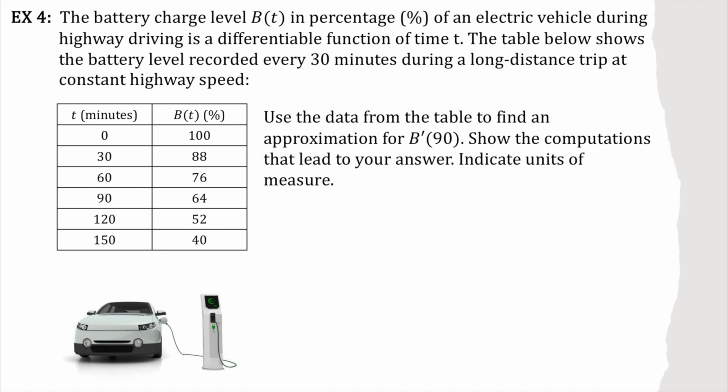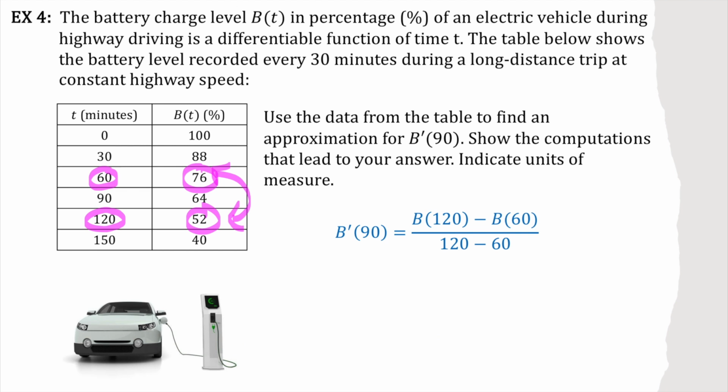Okay, so we want the rate of change at 90. Well, what do we do with the table? We can't find an instantaneous rate of change, but we can find an average rate of change. So let's take something below 90, like 60, and something above 90, like 120, and we can find the slope of those 2 points.